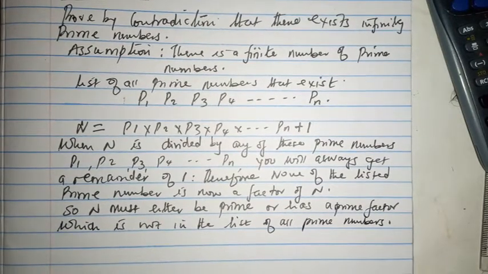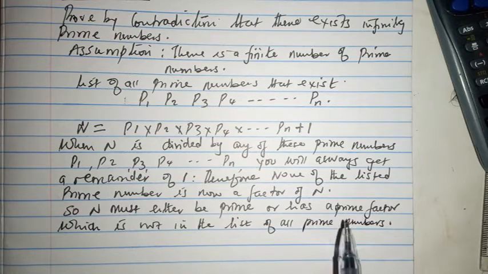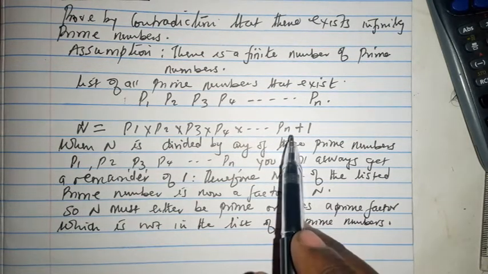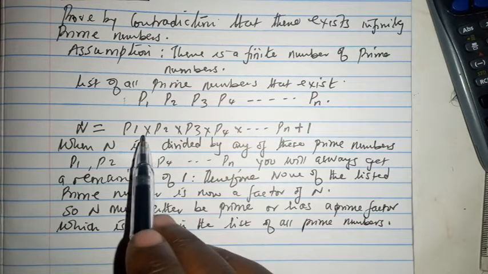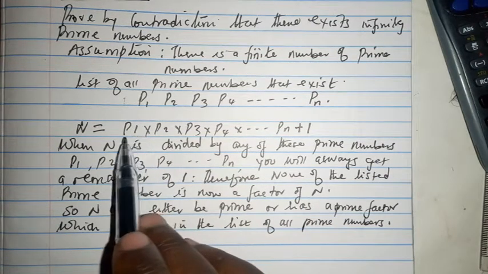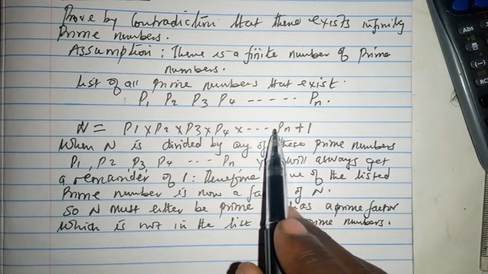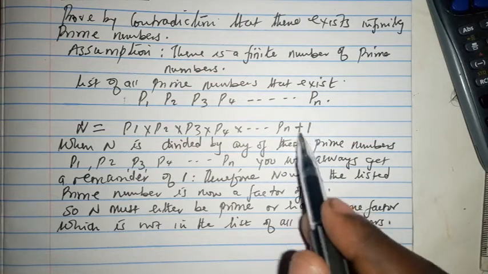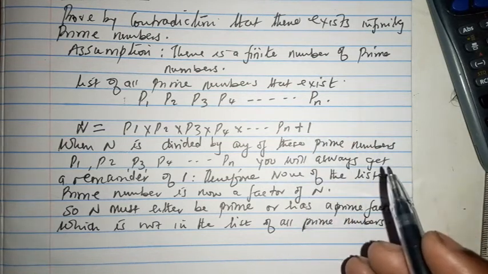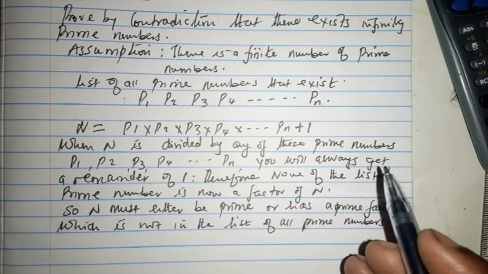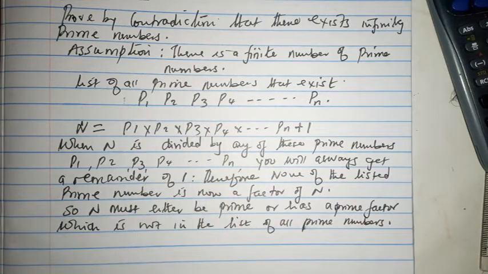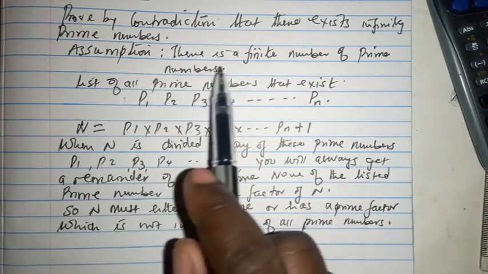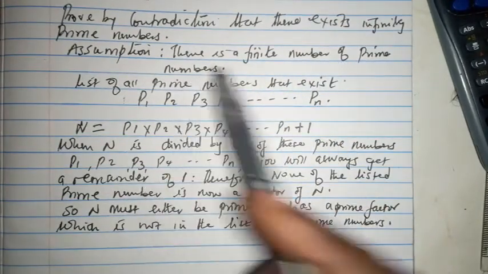And this contradicts our assumption. If N is a prime number, and of course N is greater than the product of all the prime numbers you know, because the remainder is 1, then we contradict our assumption that there is a finite number of prime numbers.